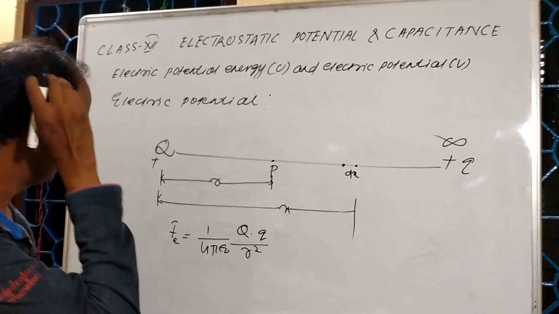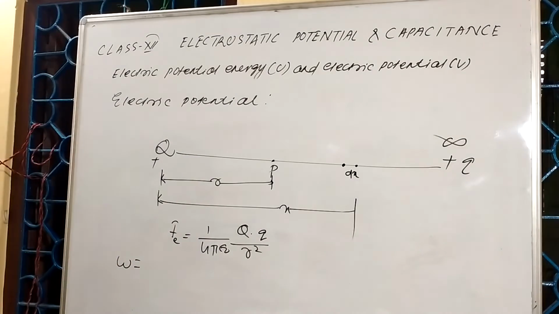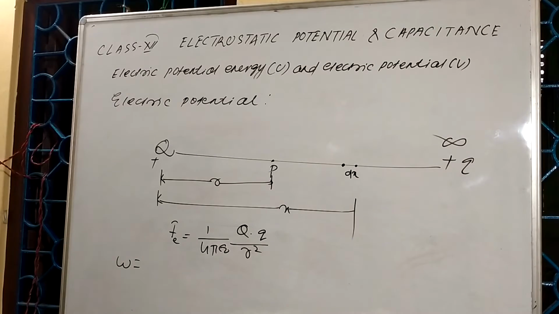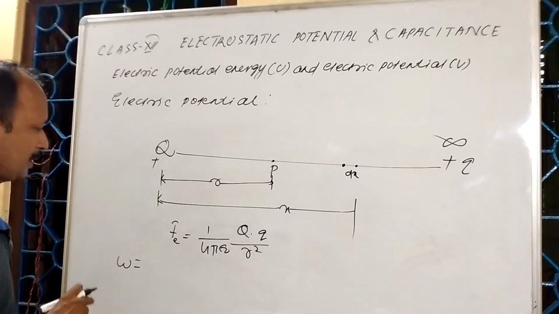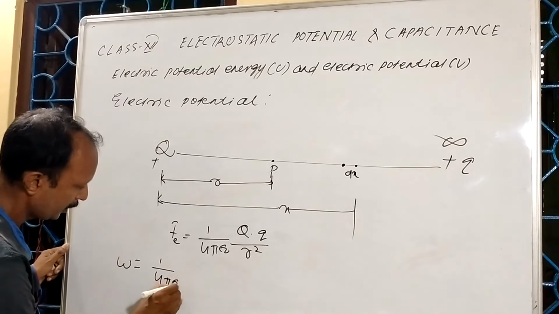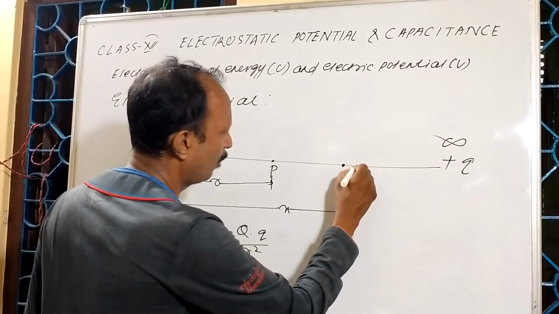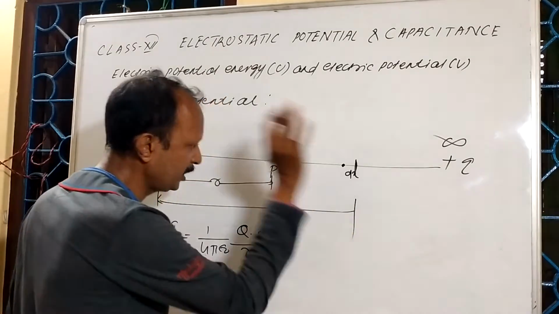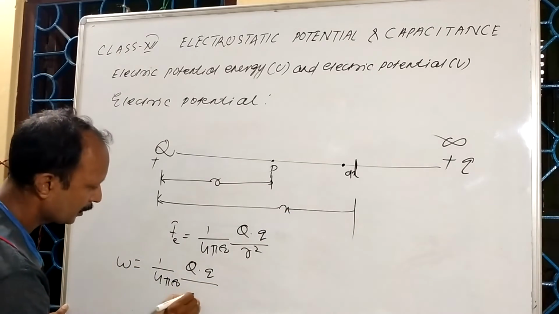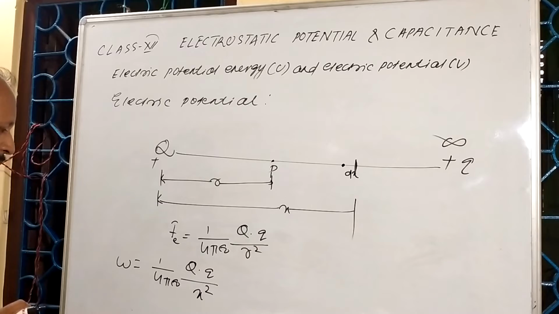Now we'll see the work done. We know that work done is equal to force into displacement. Now in this case, force is equal to 1 upon 4 pi epsilon naught Q into q. Suppose the object is at this point. So at this point, the distance is x, here to here, so I have written x square.